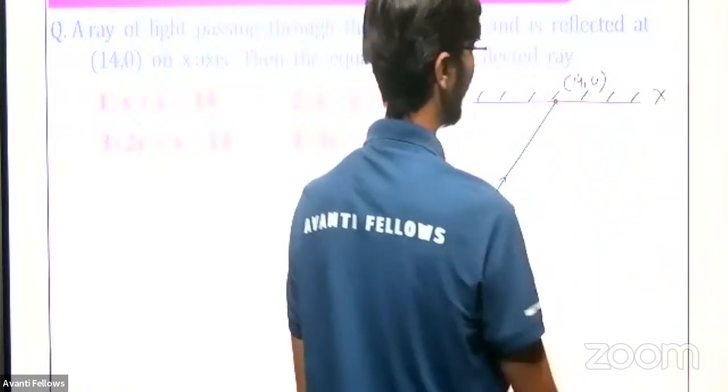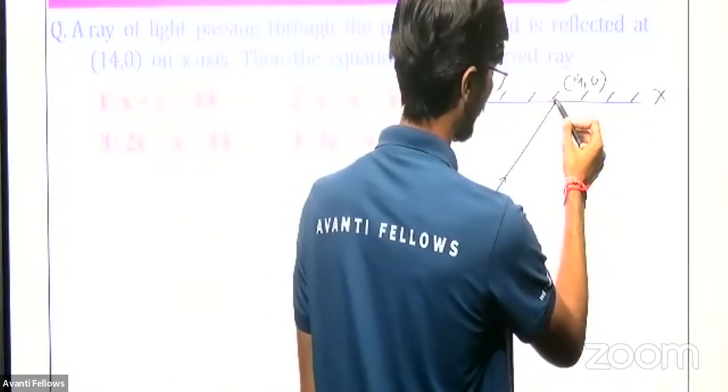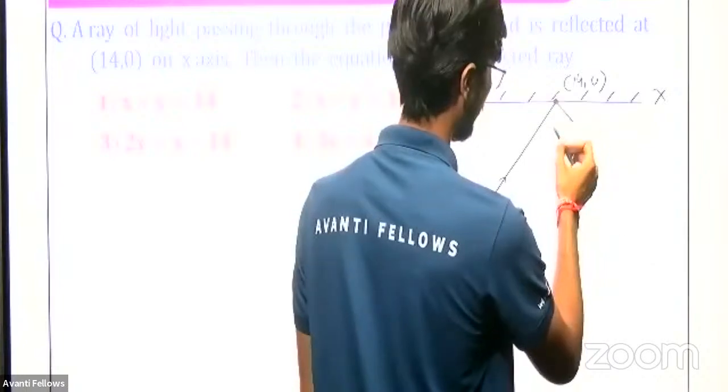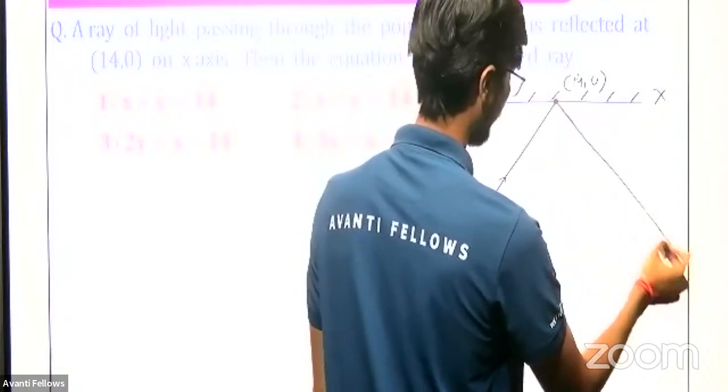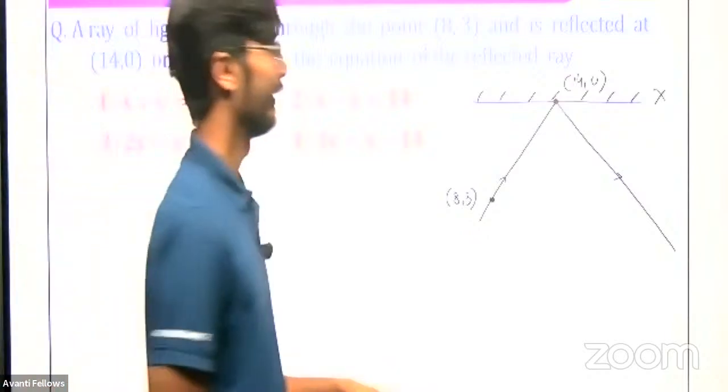That means this is the x-axis. If it is reflected here, it will move like this. Then the equation of the reflected ray.